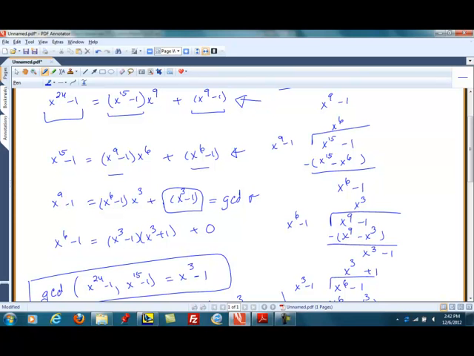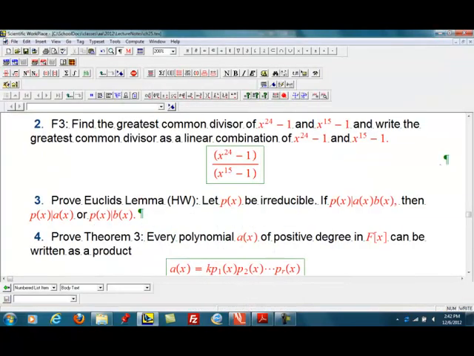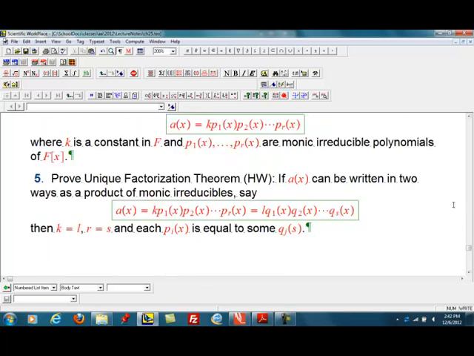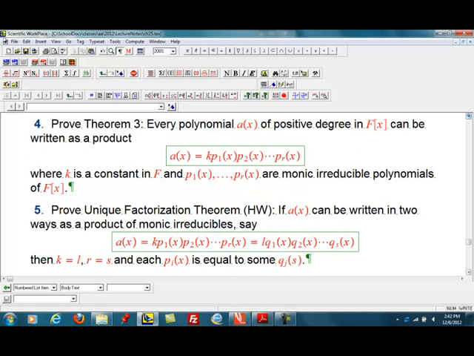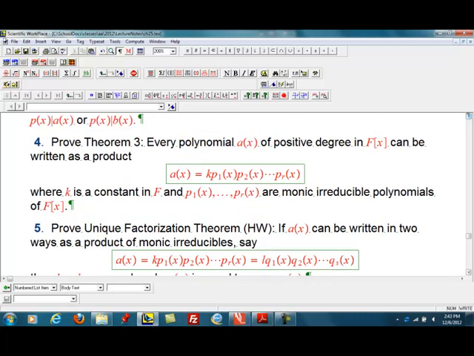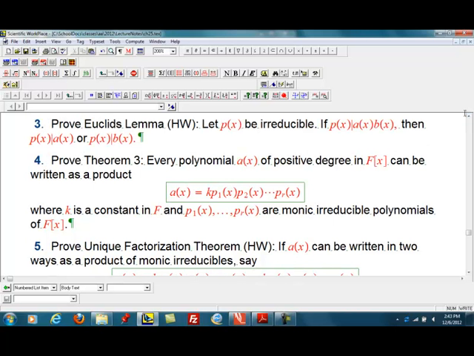So try and mimic the proof of Euclid's lemma for the integers. Go ahead and start working on that. Yeah, number 3, that's it right now.